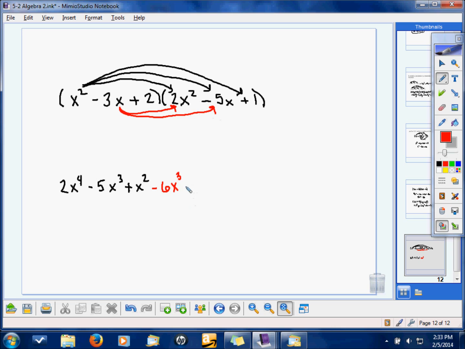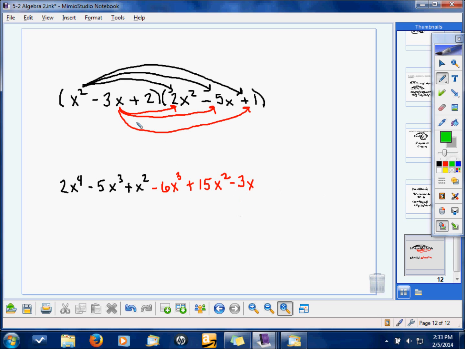That'll give us, negative times negative, positive 15x squared, because you have 2 x's multiplied together. Then negative 3x times 1, negative 3x.